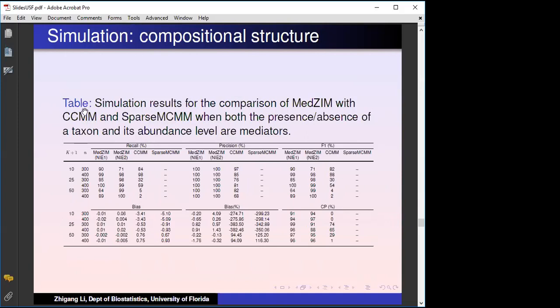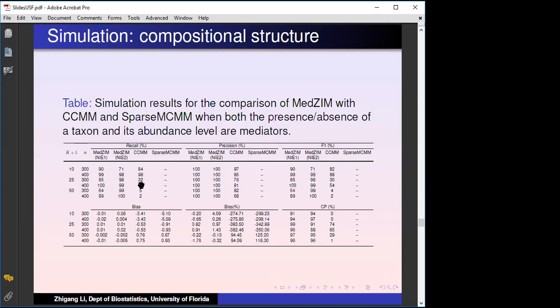And relatively speaking, the CCMM sometimes can pick up some signal. For example, in this case, when the sample size is 300, 400, and the taxa number is 10, the performance of CCMM is not that bad.